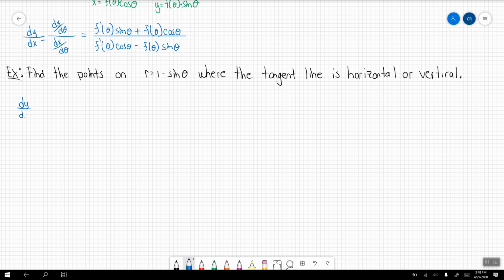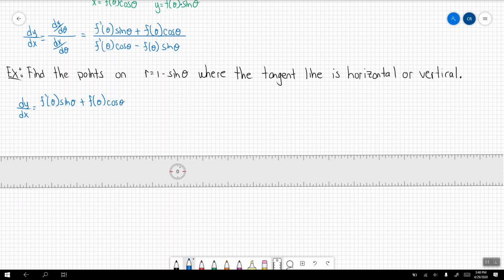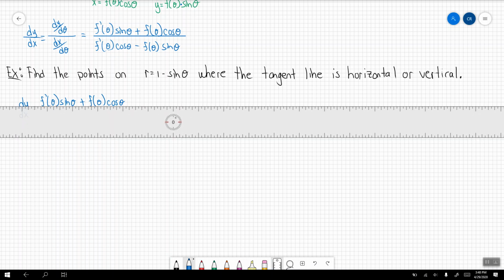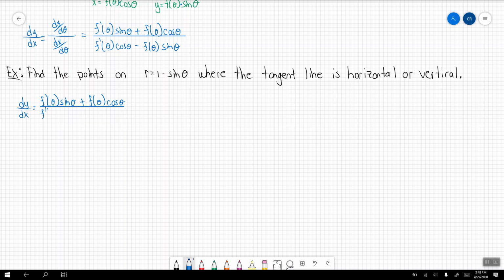I'm going to say, hey, I'm looking for dy dx, and this dy dx, according to our work, should be the derivative of the function multiplied by sine of theta plus f of theta multiplied by sine of theta, or sorry, cosine of theta, my apologies, divided by f prime of theta times cosine of theta minus f of theta times sine of theta.